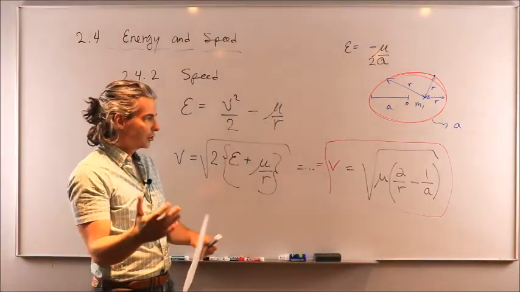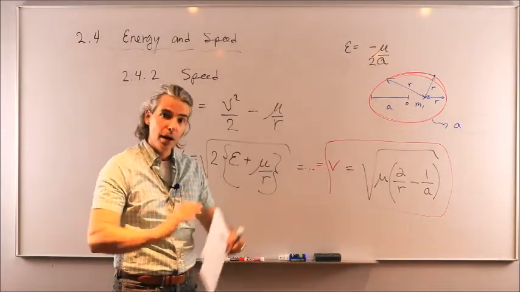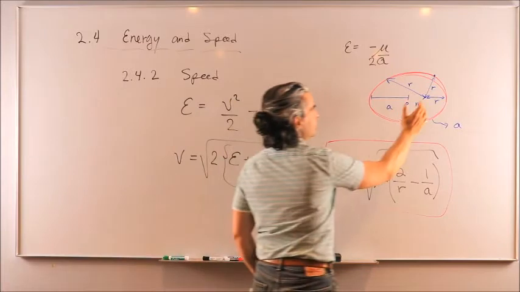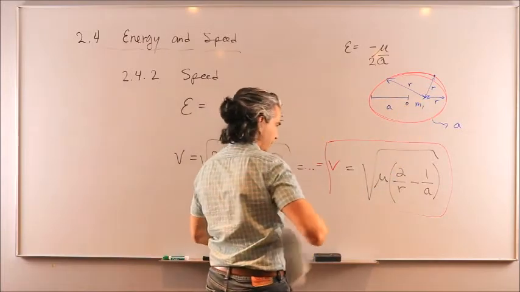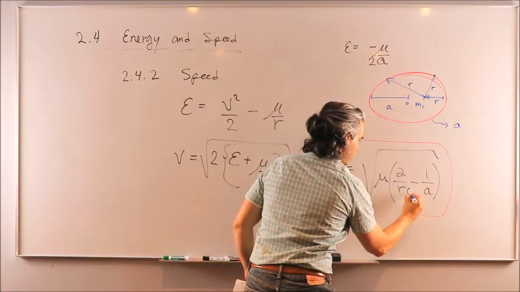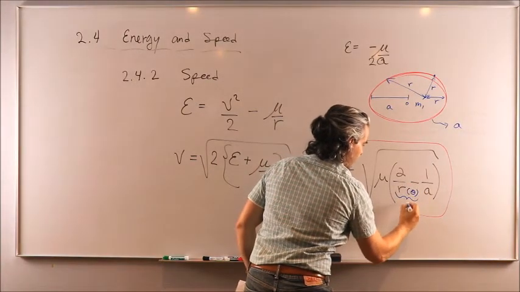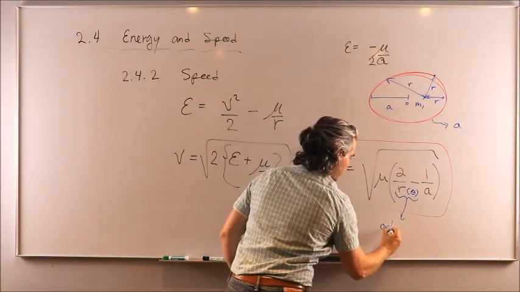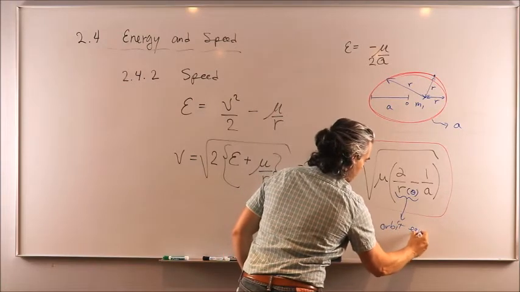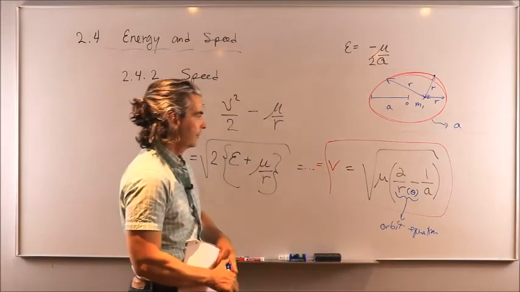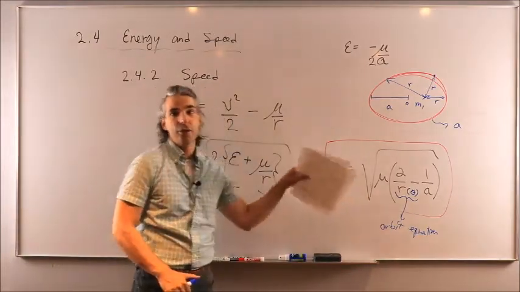So in other words, those two equations can ultimately be combined together to give us a relationship between the speed and the true anomaly, because this orbital position r is a function of the true anomaly, and how to do it is through the orbit equation we saw previously. Okay, so that equation is a very important one.